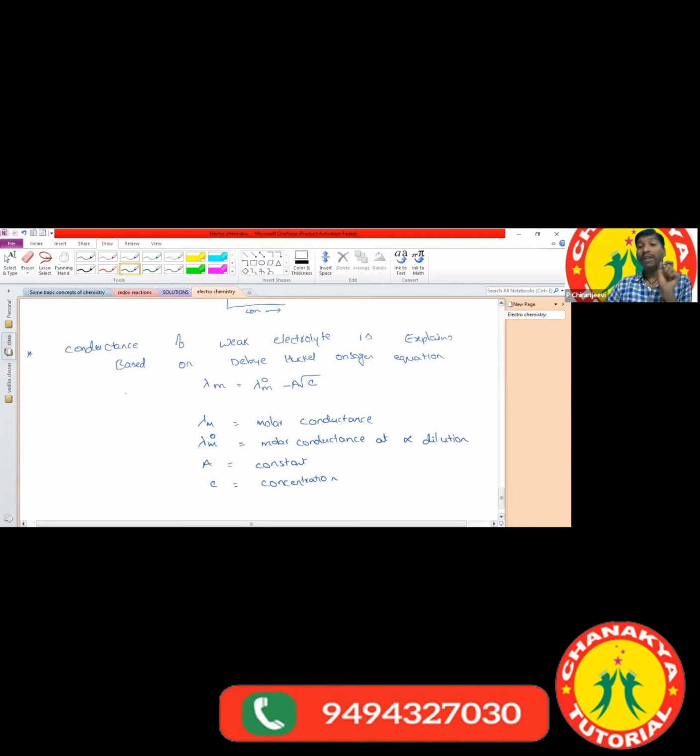Sir, for which one does it become 0? For weak electrolytes the number of ions becomes 0. For that, I'll give you an example. First, take some glass of water. If you add one tablespoon of sugar to half a glass of water, then the water will taste very sweet or less sweet.